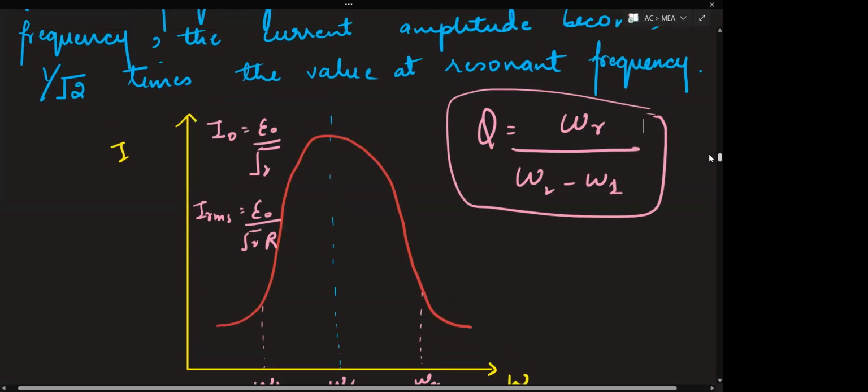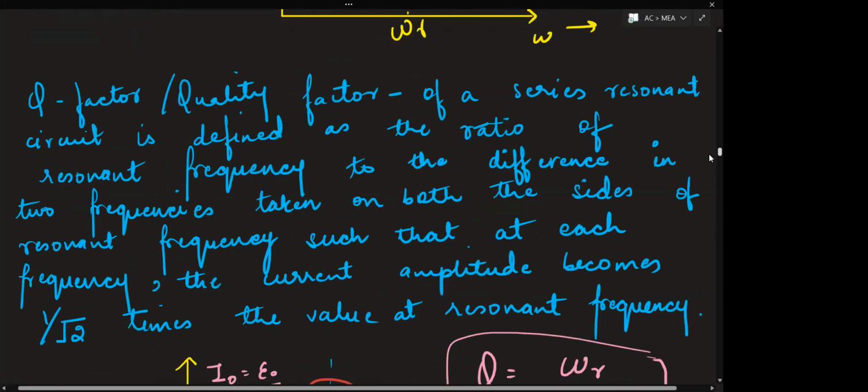Now see whether you have understood or not. Q factor or quality factor of a series resonant circuit, this is defined as what? It is defined as the ratio of resonant frequency omega R to the difference in the two frequencies taken on both sides of the resonant frequency. Find omega 2 minus omega 1.